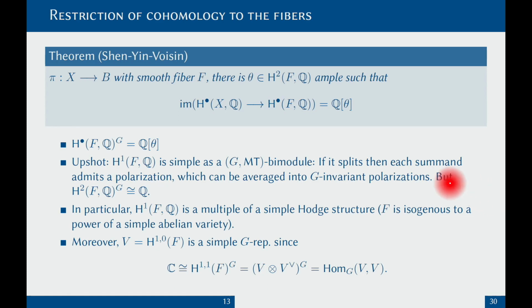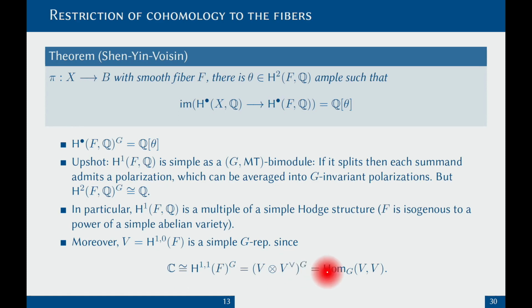So the consequence is that F is isogenous to a power of a simple abelian variety. So the fiber is not going to be arbitrary. A priori it could be simple, but if you look at a hyper-Kähler six-fold and you have an isotrivial Lagrangian fibration, the fiber is not going to be a simple abelian surface across an elliptic curve, for instance.